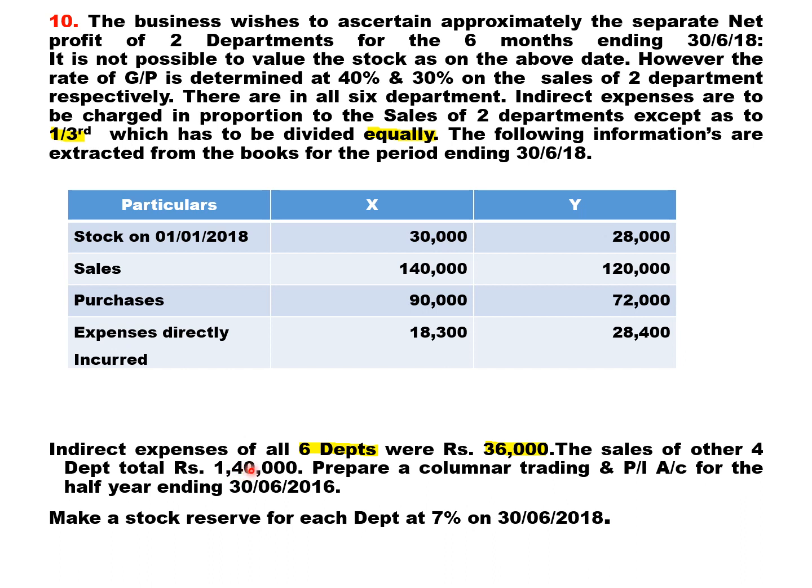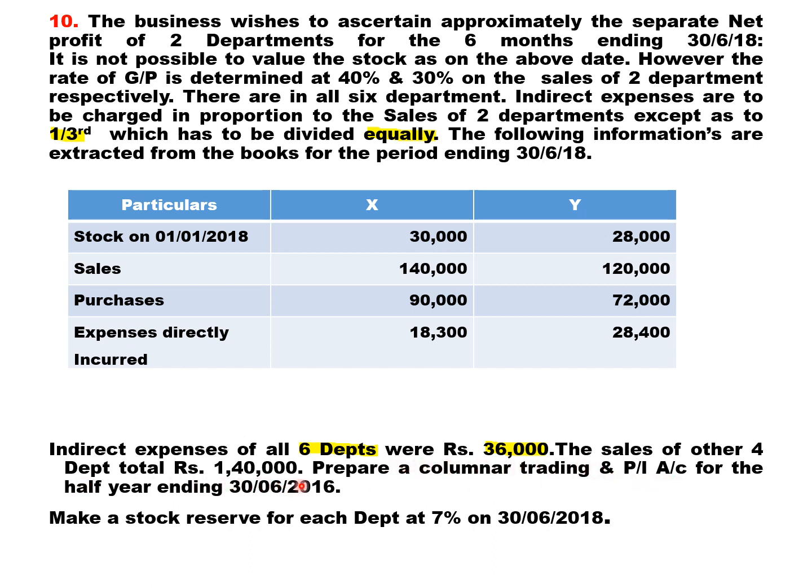The following information is extracted from the books for the period ending June 30: opening stock, sales, purchases and expenses directly incurred. Indirect expenses of all 6 departments were 36,000. The sales of the other 4 departments totaled 1,40,000.